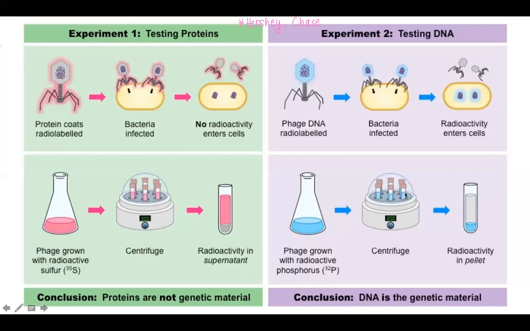And then they centrifuged it and found that there is radioactivity in the pellet, but not in the supernatant. So it means that the bacteriophage transferred something into the bacteria, and this something would be DNA. Because in this second setup, they labeled the DNA with radioactive phosphorus.